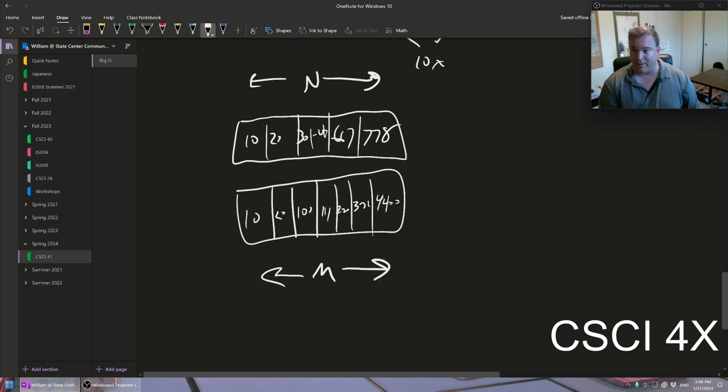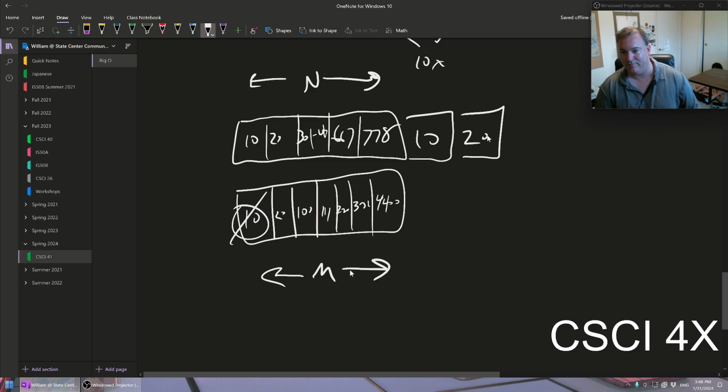How long would it take to combine the two of these into one vector? Let's say we're just going to take all the elements of these and push them back onto the first one.